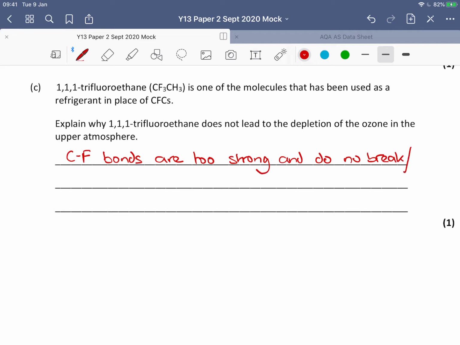Alternatively, another way of approaching this, and so there are no radicals formed, is that we could just simply say it does not contain chlorine, therefore doesn't release chlorine radicals.